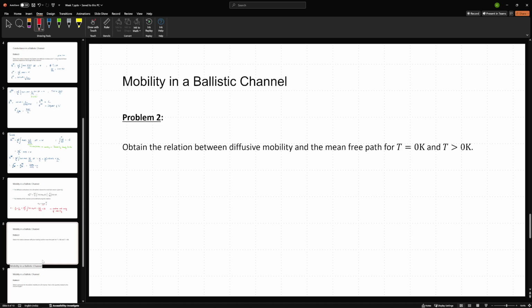So now, what does this mean? Let us take the relationship between the diffusive mobility and the mean free path for two cases: T equal to 0 K and T greater than 0 Kelvin.